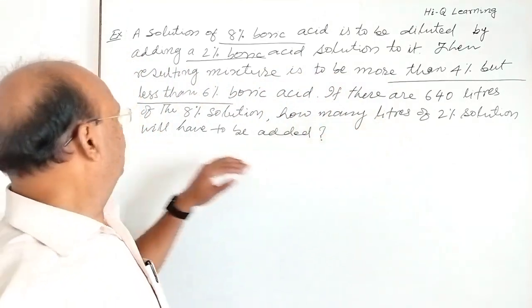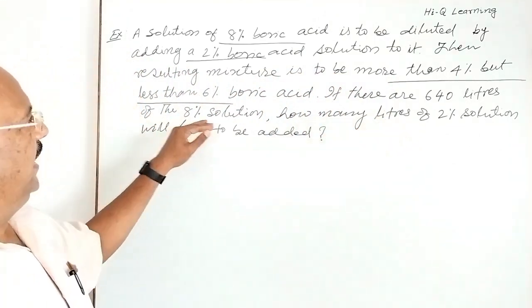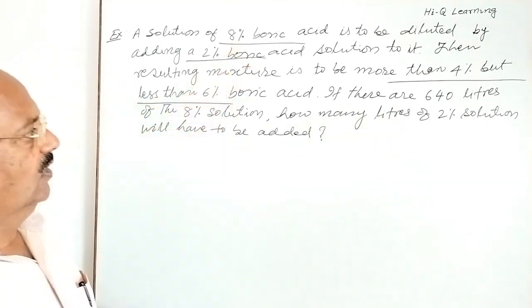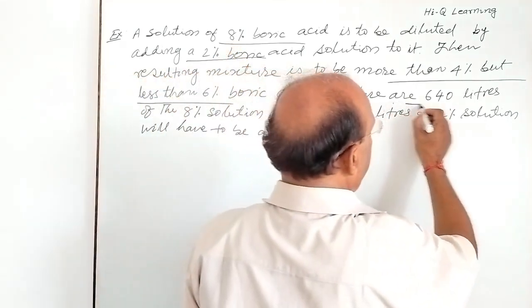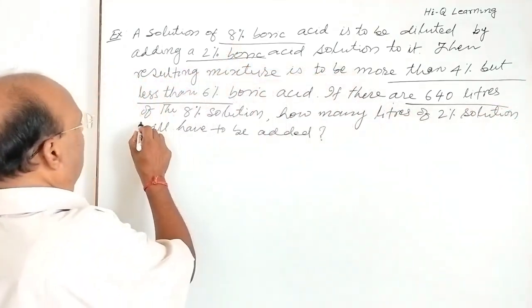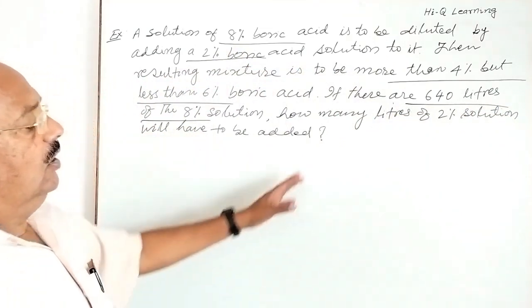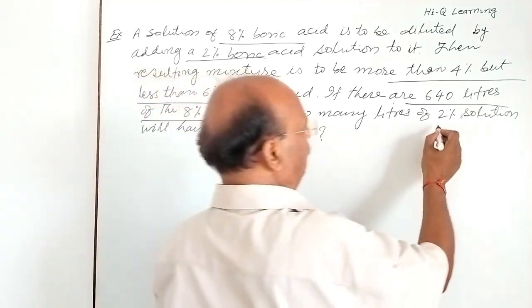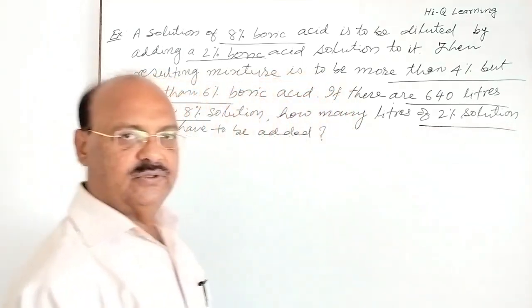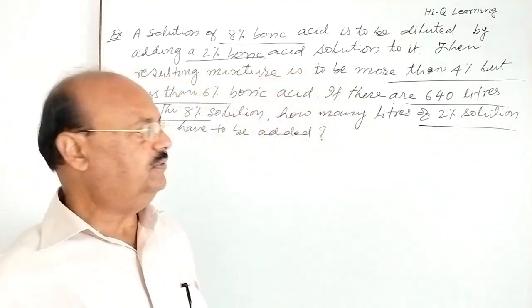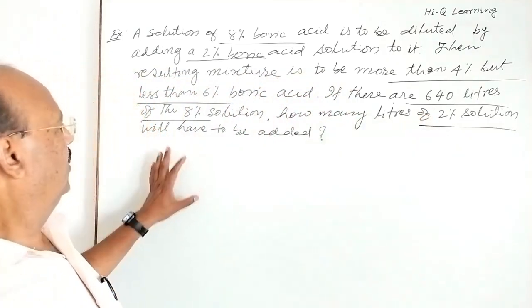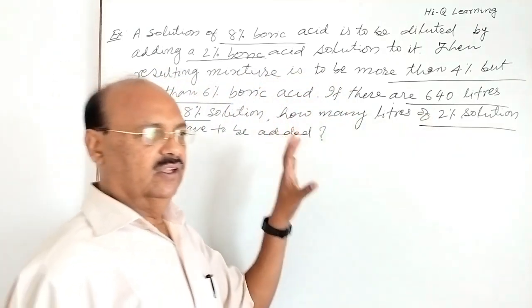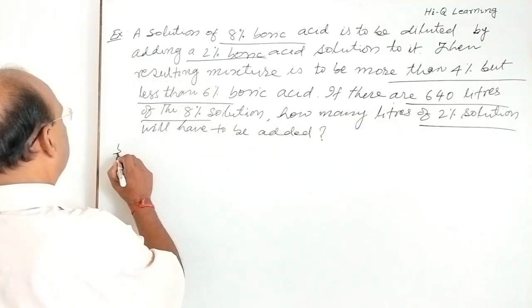If there are 640 liters of the 8% solution, given 640 liters of 8% solution, how many liters of 2% solution will have to be added? Understood the question? See the solution.